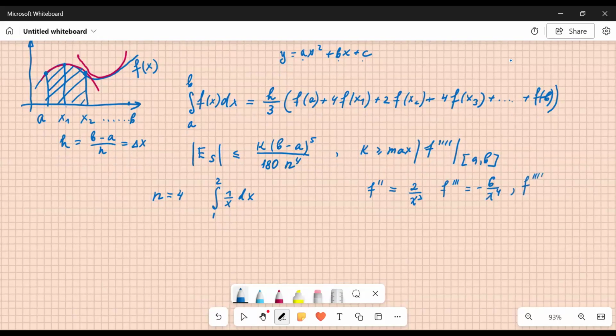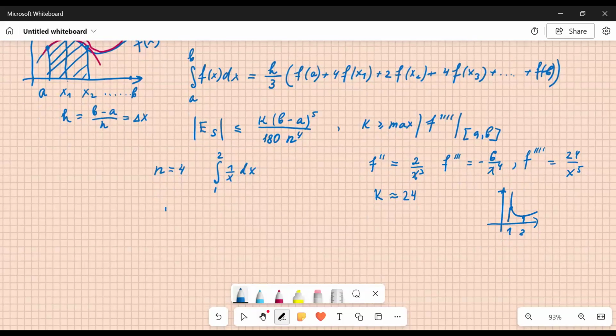And the fourth derivative, the function is pretty simple. It's going to be 24 over x to the power of 5. Still, the function is going to look like 1 over x. So the maximum is going to be at 1, and the minimum is going to be at 2. So I'm going to estimate k as 24, or you can say even 25. You always can increase k because the formula tells that k is greater than that derivative.